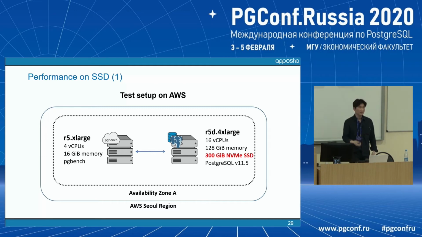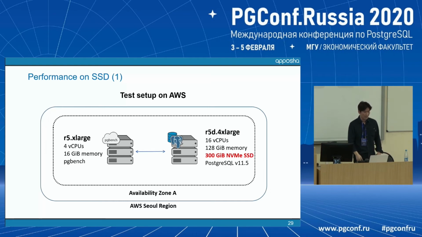Many companies these days adopt cloud, but there are still lots of on-premise environments. So I tested on-premise with physical NVMe SSD. Actually, the whole environment is not on-premise, but the storage is physical storage, because AWS provides directly attached NVMe SSD as an option.